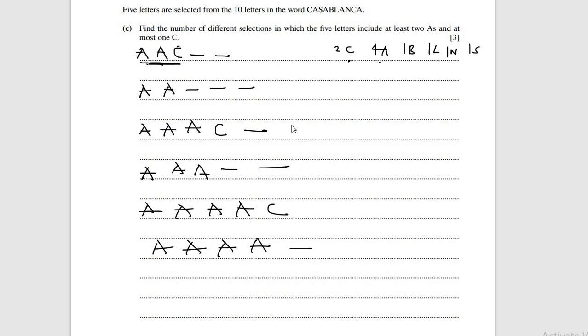So the 2 is from where? There must be just 2 A's and 1 C in the first combination, so you are not going to consider C and A. The remaining 2 must be from B, L, N. That's for combination 2. In this one, there must be just 2 A's and no C, so you are going to consider the remaining ones from 1 B, 1 L, 1 N, 1 C. The total is 4.